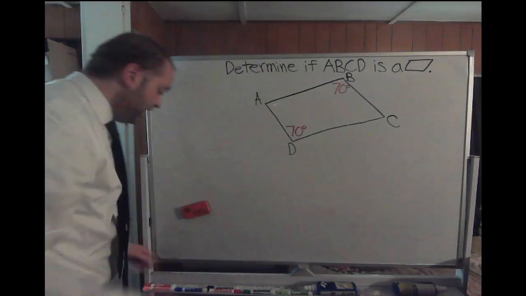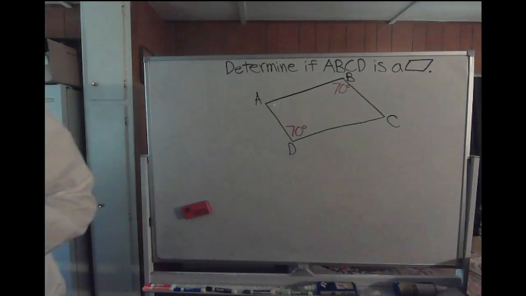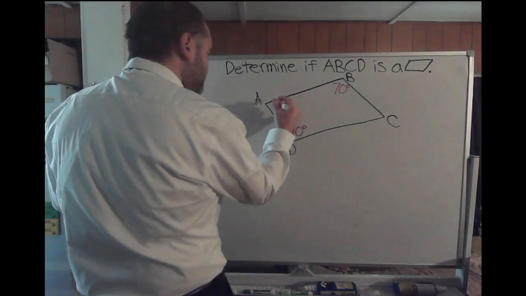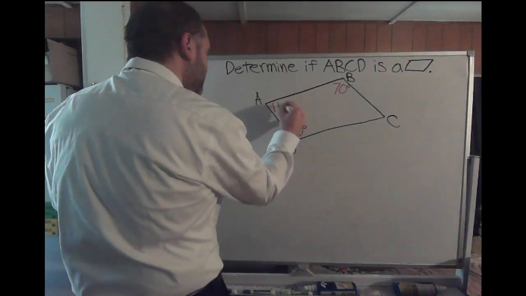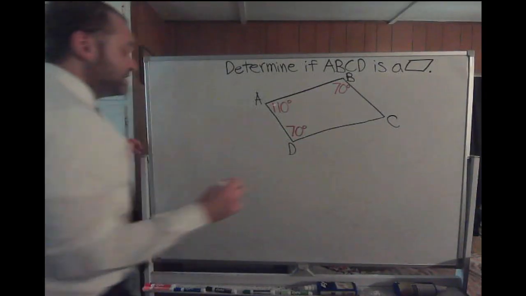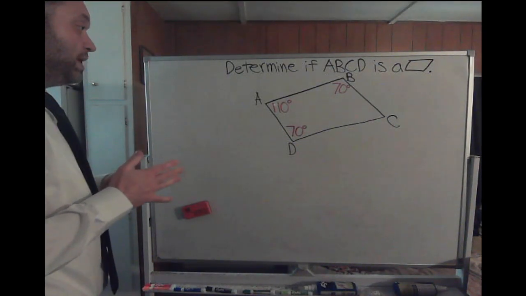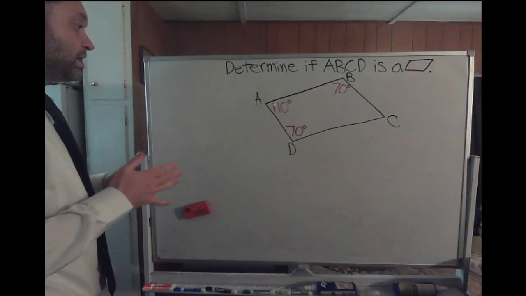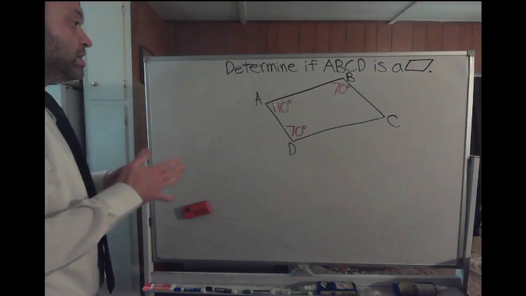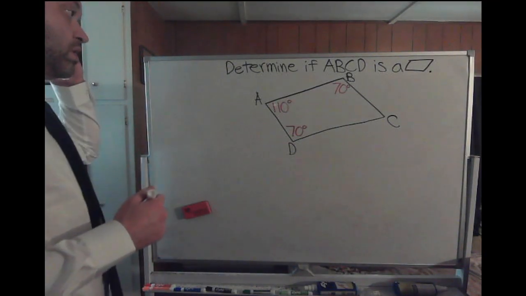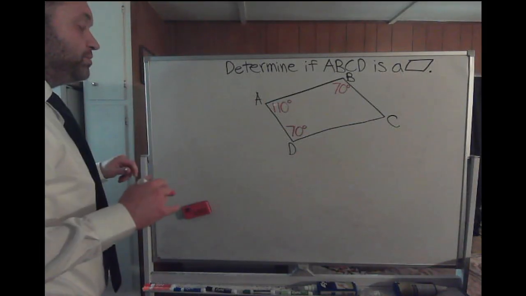However, what if we change it ever so slightly? We add, for the next exercise, that angle A is 110 degrees. Okay, well, what do we have now?